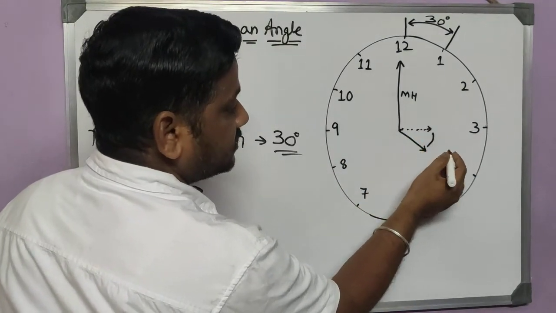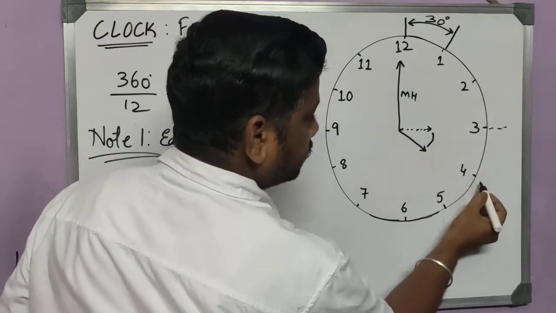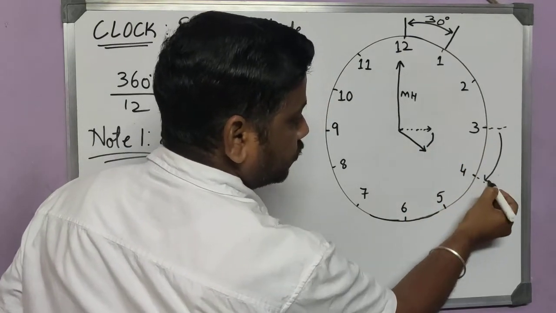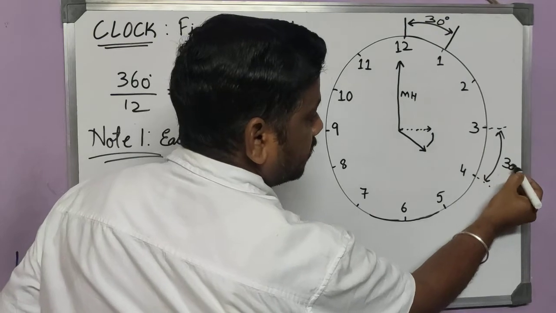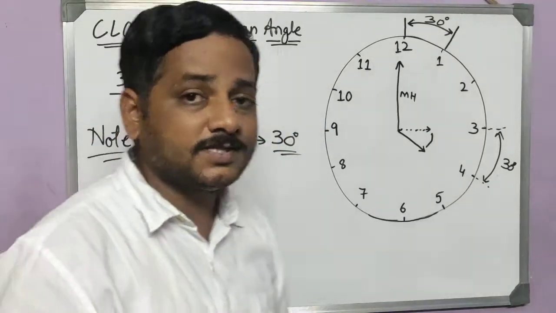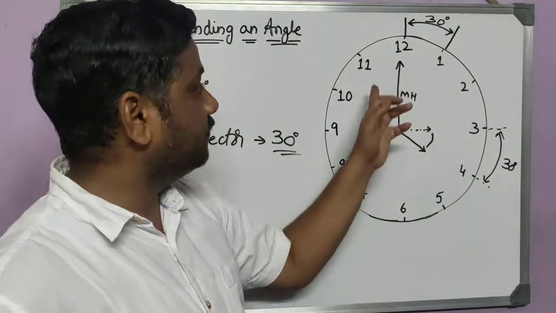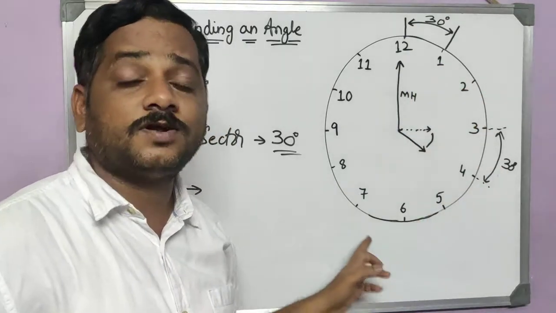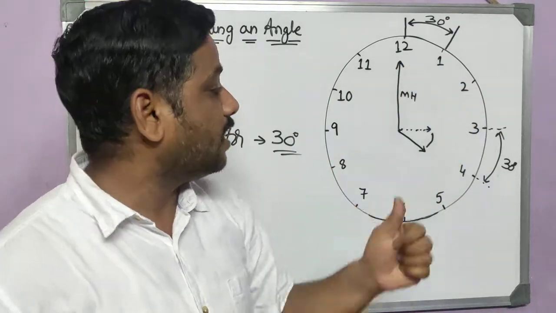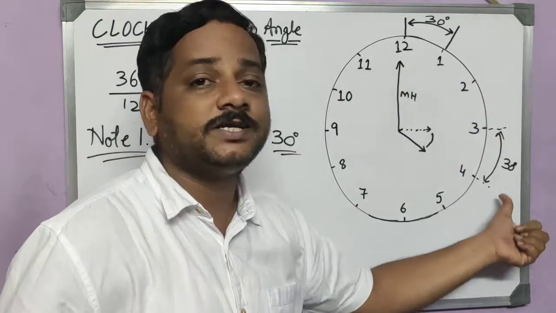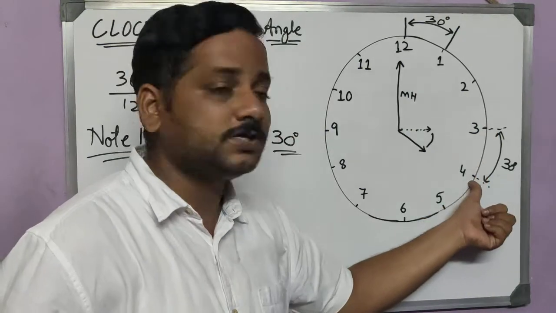The hour hand is just moving from this point to this point, which means it moves just 30 degrees. So we can relate it like this: if the minute hand is moving for 60 minutes, then the hour hand will cover only 30 degrees. It moves from 1 hour to the next hour.